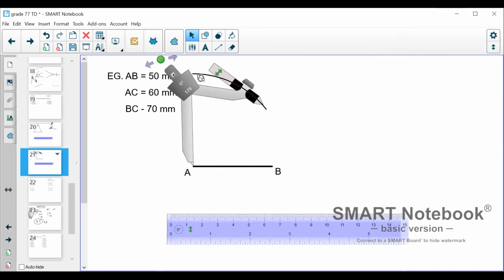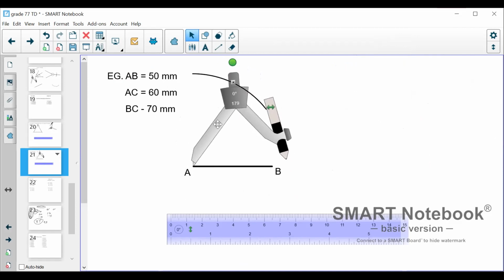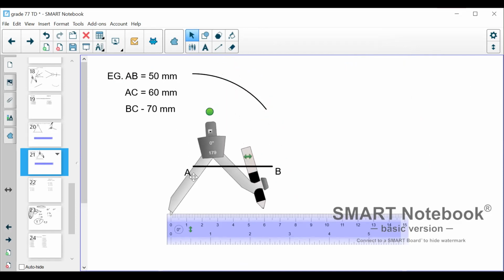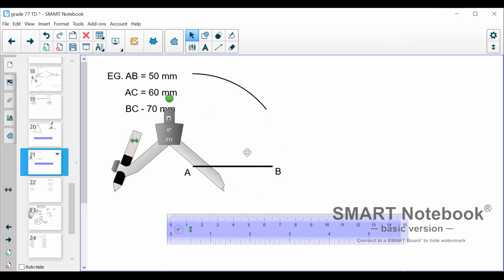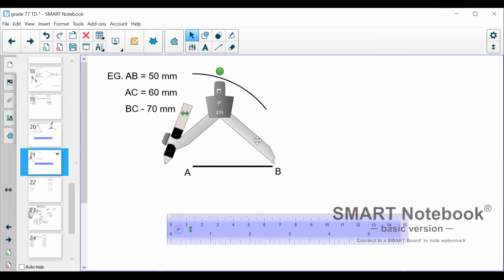Good. Then you go again, you look for BC, which is 70. Right, which is 70. So you go from B using 70 mm because we're looking for BC.